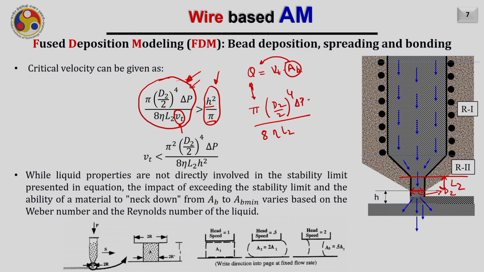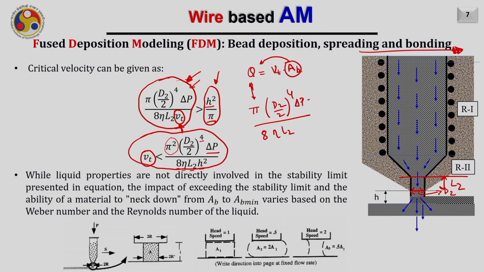Hence I can find out from here the value of Vt, and the critical value of the velocity says it should be less than pi squared (d2/2)^4 delta P divided by 8 eta L2 h square. So this is the limiting value of Vt. Beyond this speed, we cannot move our head.